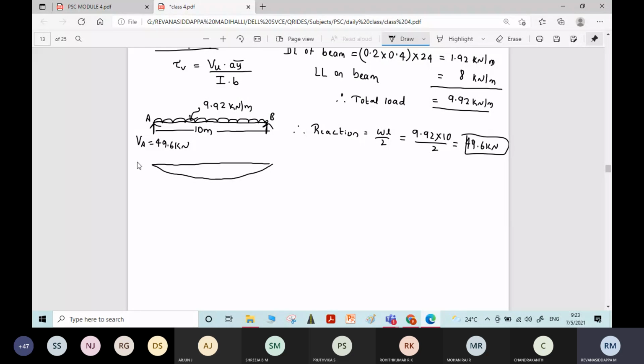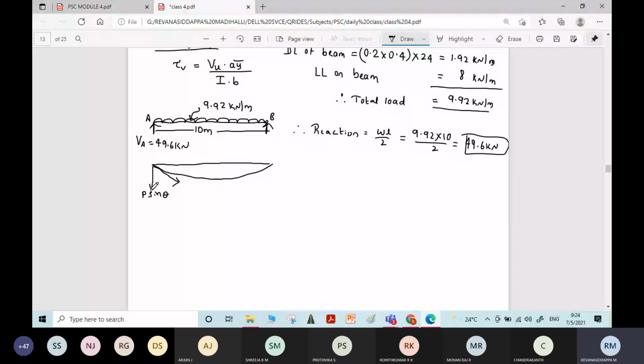It's a parabolic cable. So the vertical component of the pre-stressing force is what? P sin theta, right? Therefore, total reaction at the support is VA minus P sin theta. Correct?